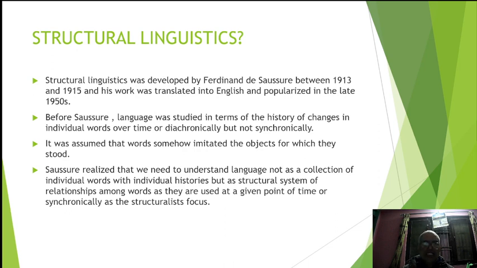See, it is not a collection of individual words with individual histories, but a structural system of relationships among words as they are used at a given point of time, right? Synchronically is the structuralist focus. So language is to be understood synchronically, not diachronically, not as a historical study of words, but as a functional system, how it is working.